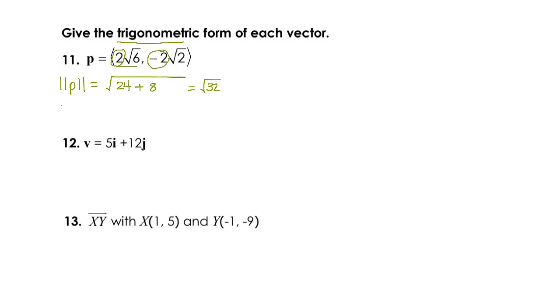And again, you can leave it like that if you want. Now we need to do our direction angle. So tangent of theta, remember, it's going to be opposite over adjacent, so that's negative 2 root 2 over 2 root 6. And so when you find that angle, keep in mind that you're going to be in the fourth quadrant. So you're down here, and I know that from these values here, positive x and negative y.